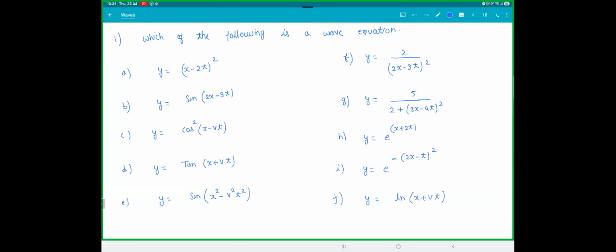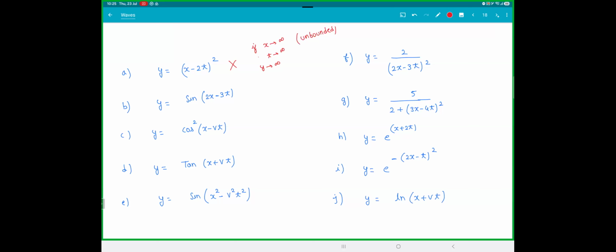So let's see. The first one, it is not a wave. If x is infinity, the function goes to infinity. It is not bounded. Like I said, no matter what value you keep, even if you keep infinity, it should not go to infinity. If x is infinity or t is infinity, y tends to infinity. It doesn't satisfy the third condition. This is unbounded.